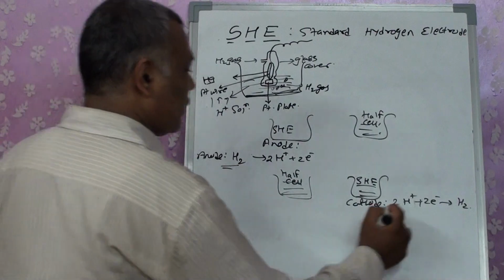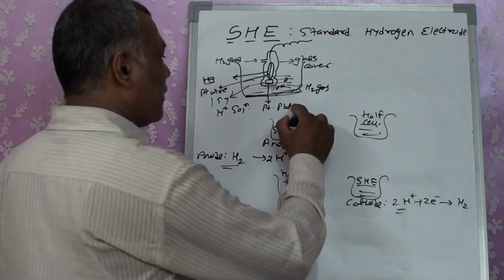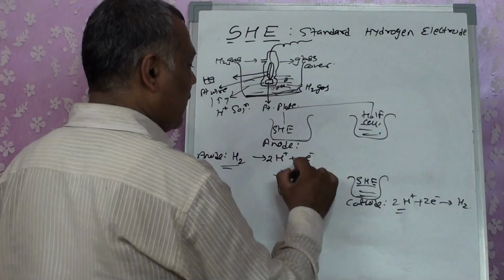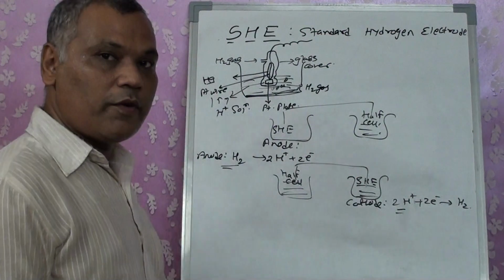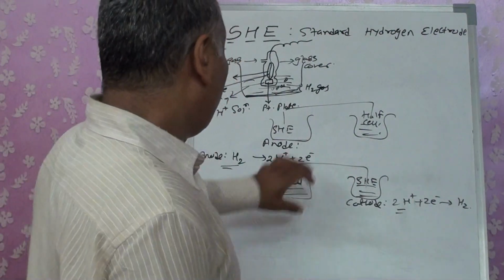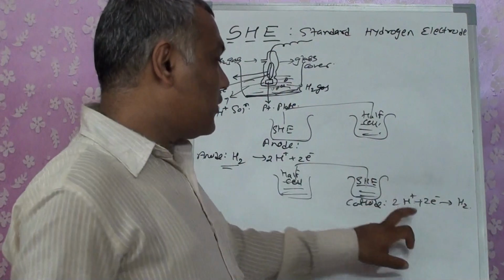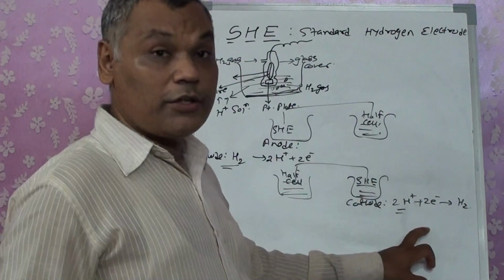So this is oxidation, this is reduction. This cell can be connected in either way, so it can act as an anode as well as a cathode, and it can go for oxidation or reduction.